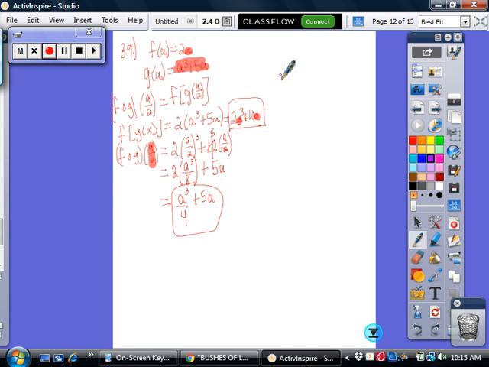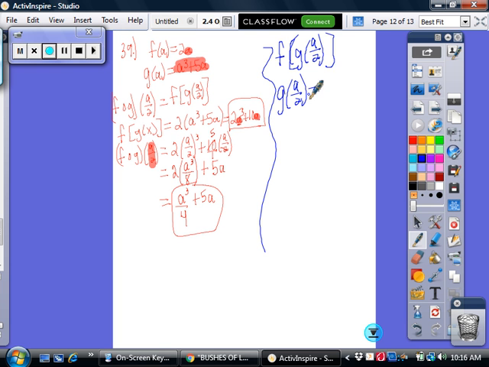All right, so let's do it another way. Let's say that I'm to find f of g of 1/2 a. That's what it's telling me to do. Then going the easier way, I'm going to plug 1/2 a into g. So that would give me 1/2 a cubed plus 5 times 1/2 a.